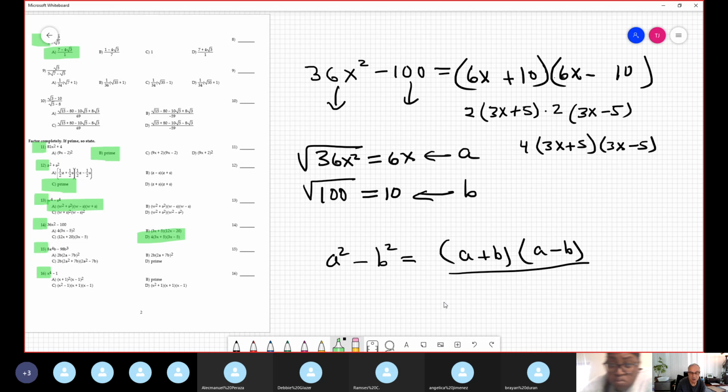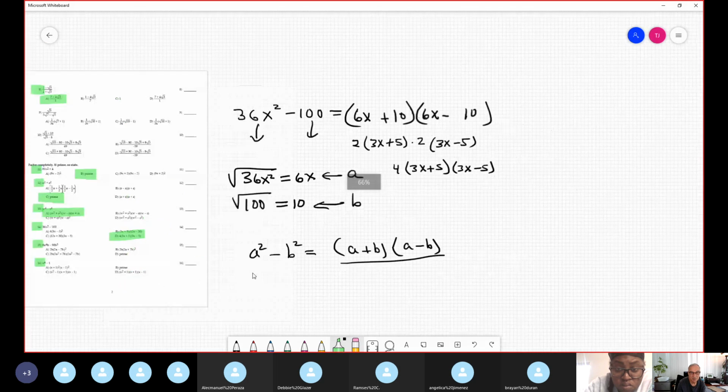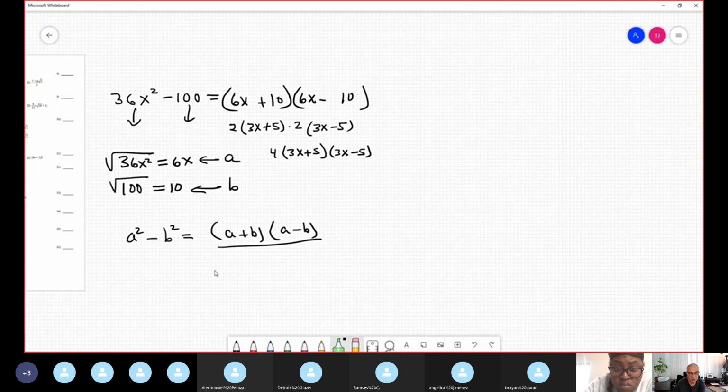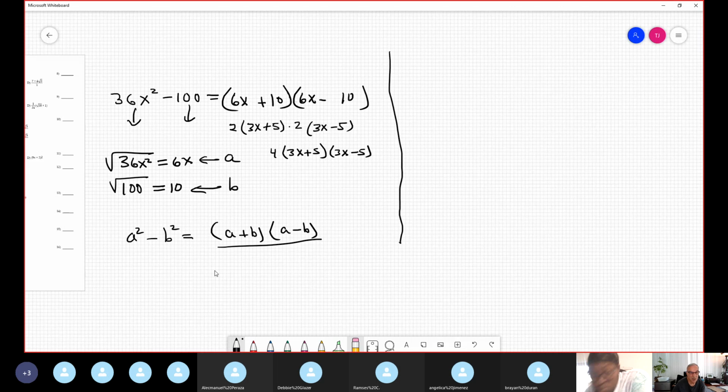Let's do it at the beginning. Remember, is there a common factor? Yes or no? Yes, so factor out. What is the greatest common factor between 36 and 100?